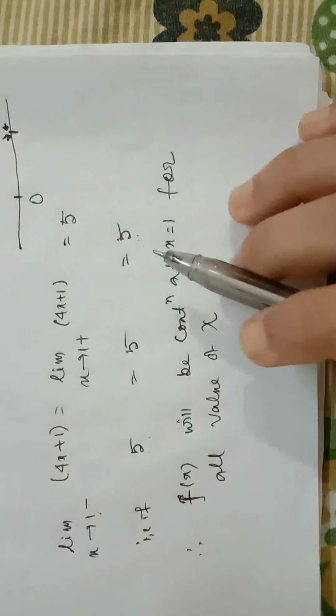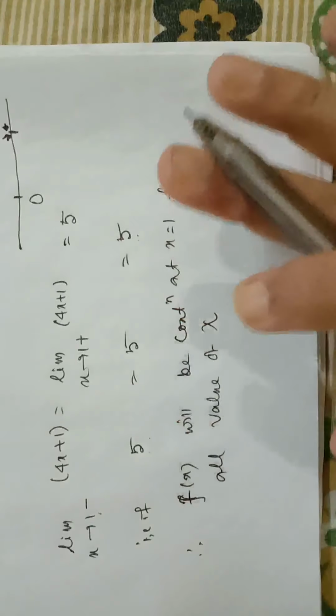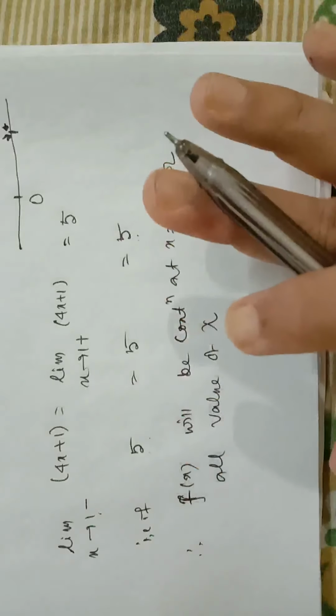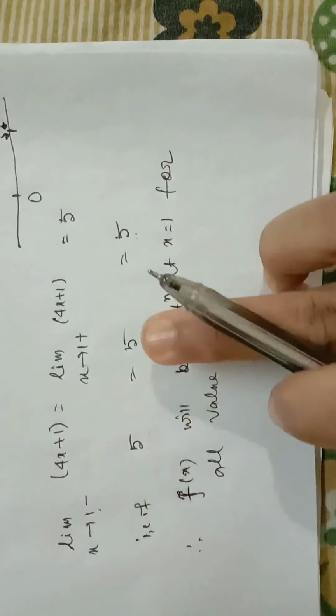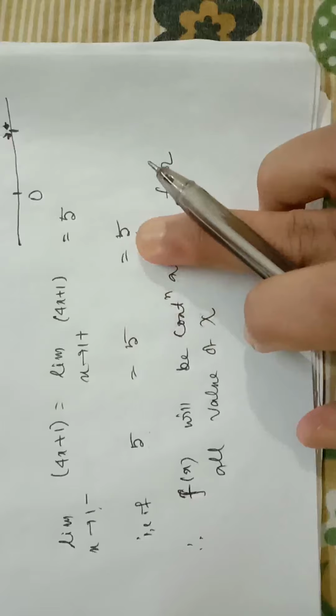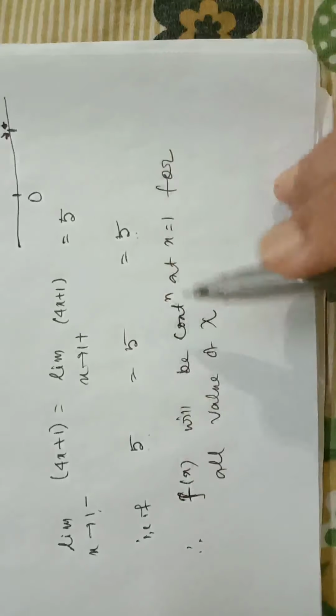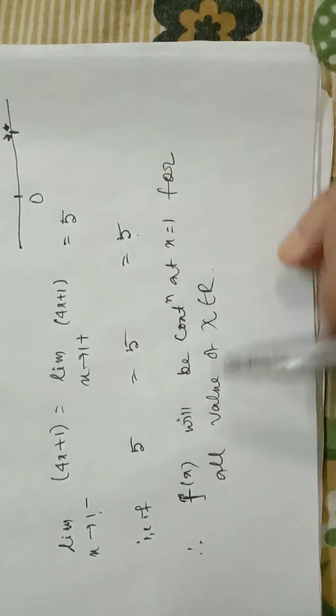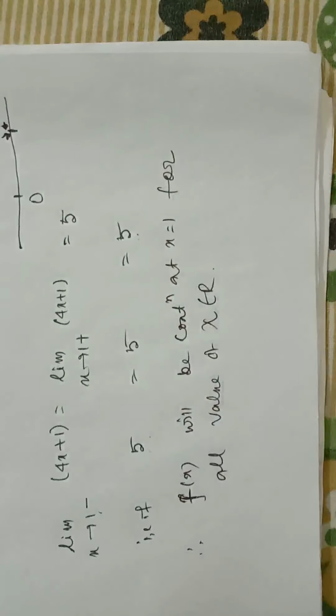It does not depend on lambda. Whatever be the value of lambda, the left hand limit will be 5, right hand limit will be 5, functional value will be 5.